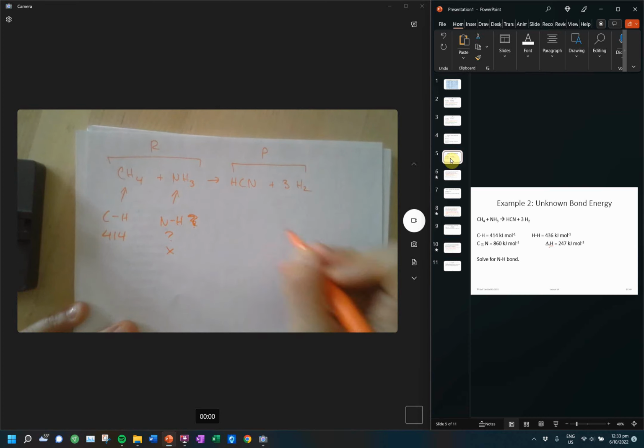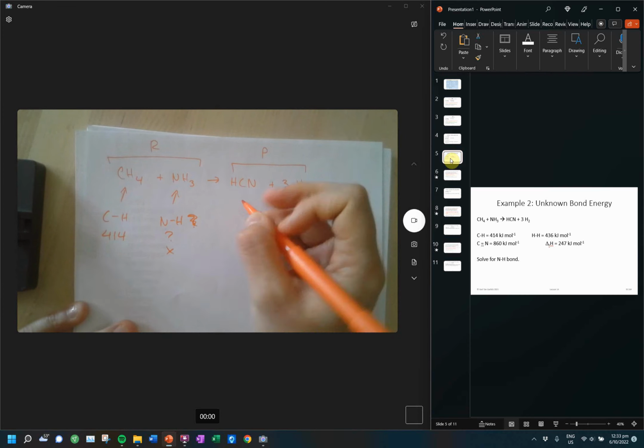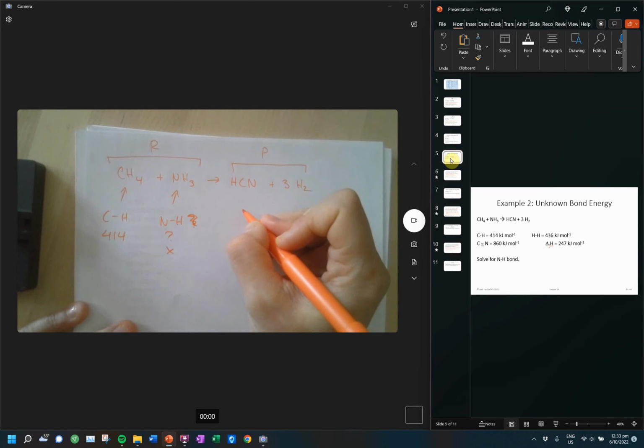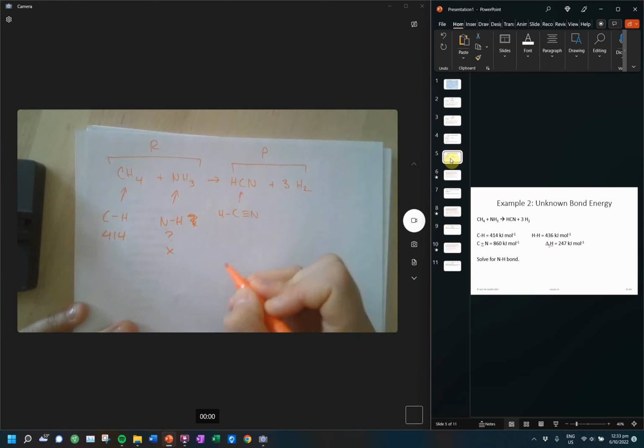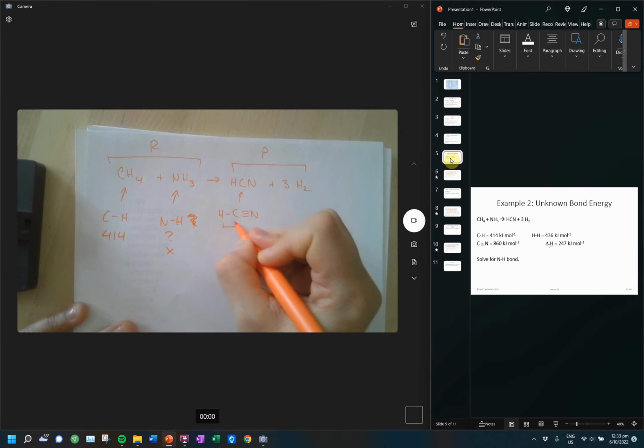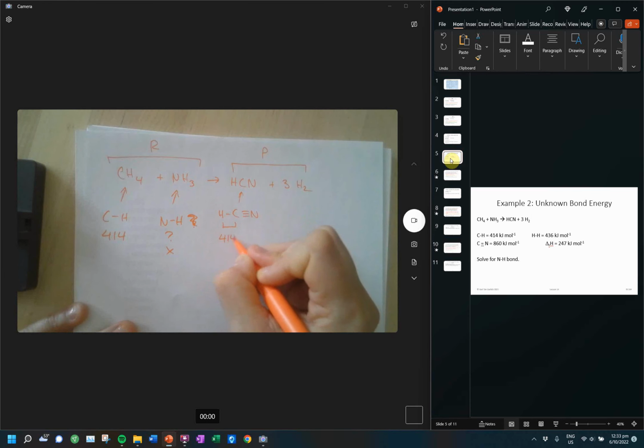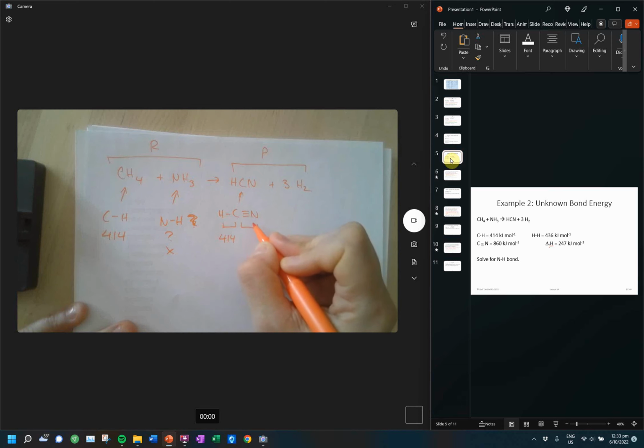What else have they given me? This one here, I'll actually draw out the molecule for you once I can remember what it looks like. C triple bond N, that's what that molecule is. And they've given us, again, the CH bond 414, and the C triple bond N, which is 860.